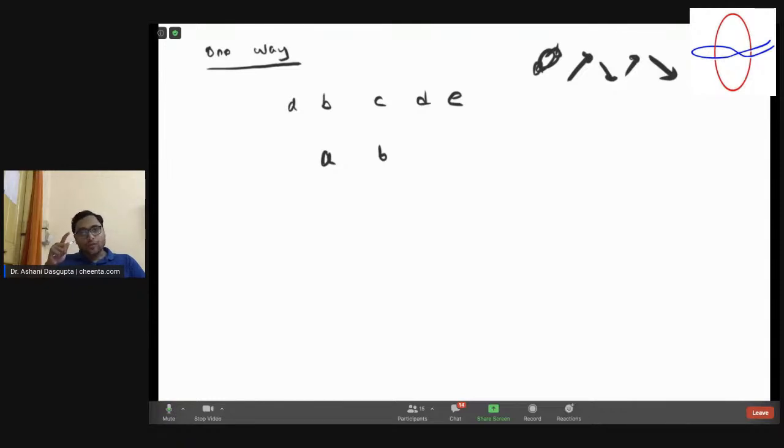So let's work with this one, up, down, and then the other one will be exactly similar. Suppose A is less than B, so we can just put it like that. Now what about C? Well, we know that C is less than B.